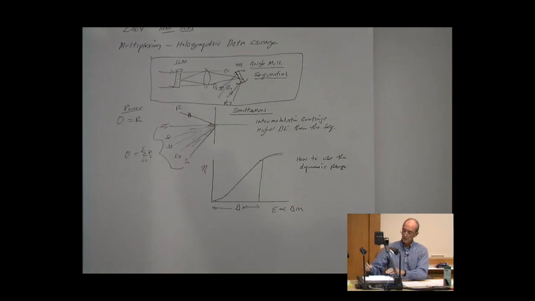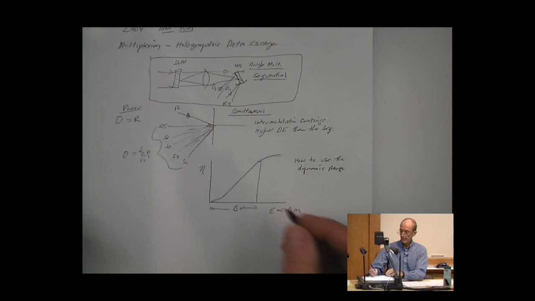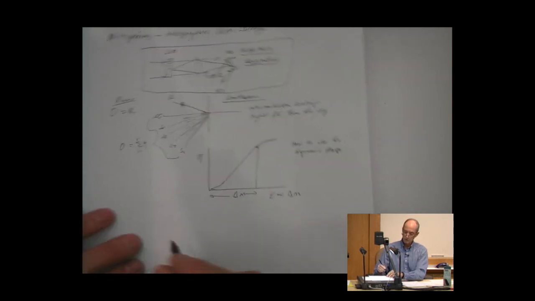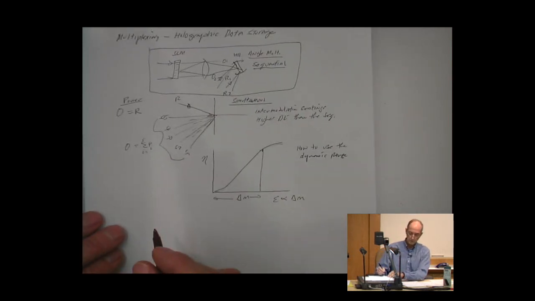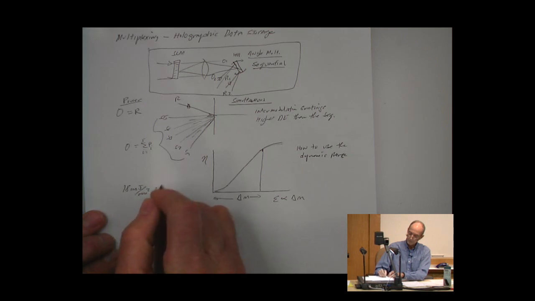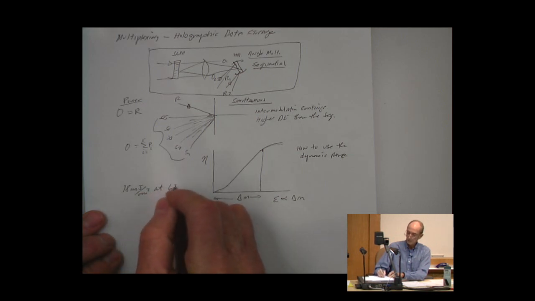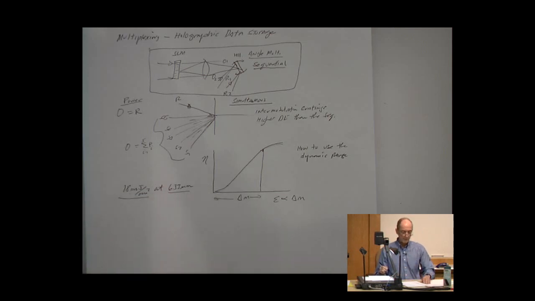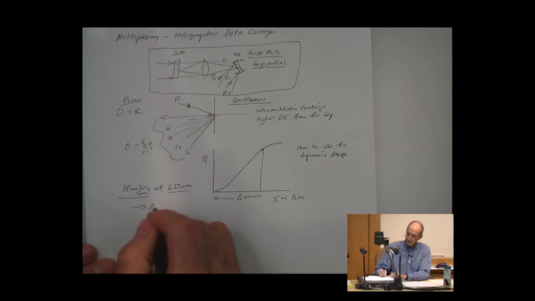All right, so we know we have a range of exposure for our material. We said it was something like 18 millijoules per centimeter squared at 633 nanometers, and this is going to give us, say, a delta n of about 0.03 for the bare material.